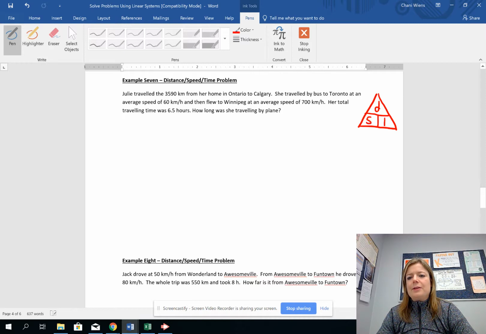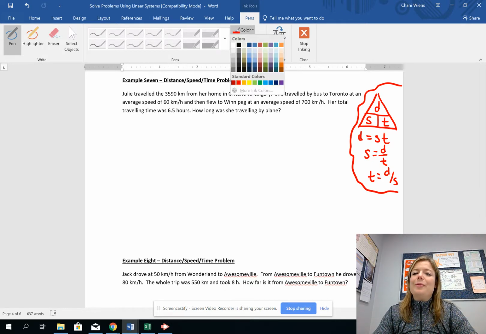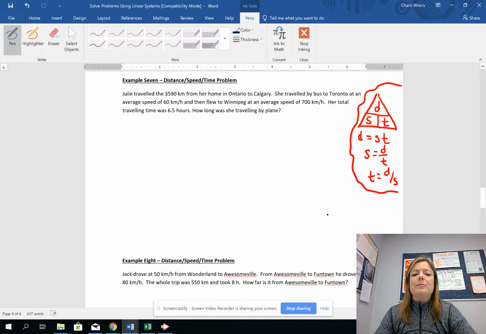Maybe you learned this in science, maybe you didn't, you should have, but this just means that distance is equal to speed times time, or speed is equal to distance divided by time, or time is equal to distance divided by speed. So distance and speed and time are all related. If you remember that triangle, then you should be able to remember these three relationships, and that will be very helpful with distance, speed, time problems.